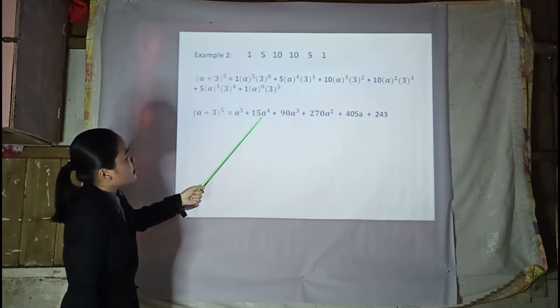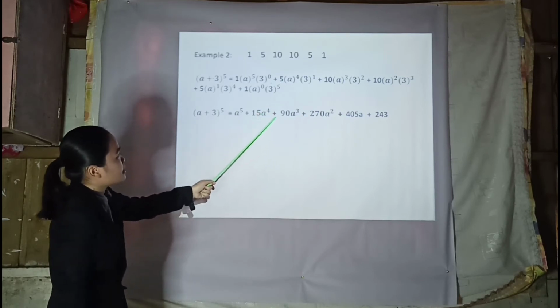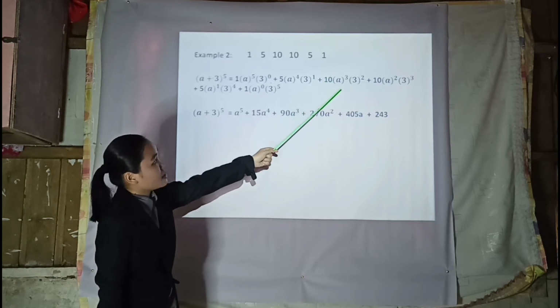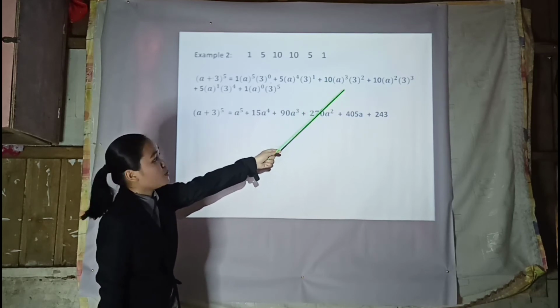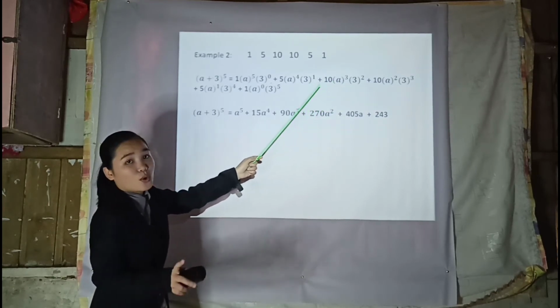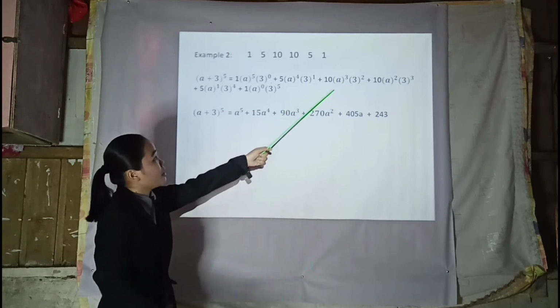So 15a, copy the exponent, which is 4, plus 10a cubed times 3 squared. So 3 squared, we have 3 times 3 equals 9. So 9 times 10 is equals to 90. 90a cubed.